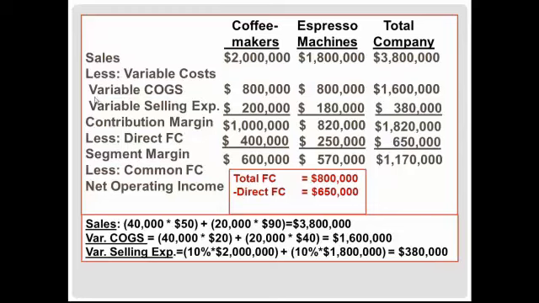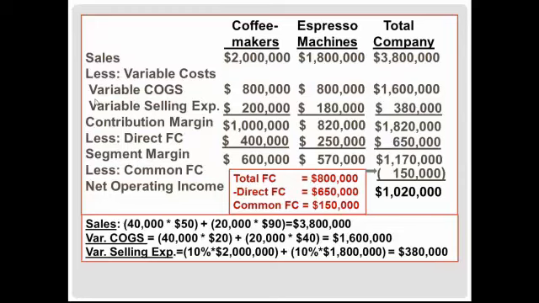So from this, we can figure out that common fixed costs were $150,000. So we'll put that in the total company column. Note that this could be allocated among coffee makers and espresso machines, but it really has very little meaning. Company-wide net operating income then is $1,020,000.